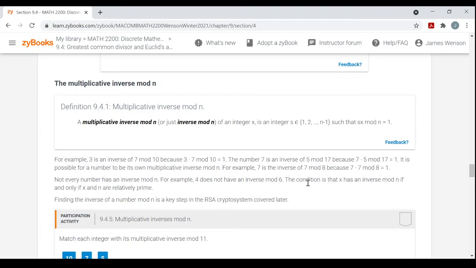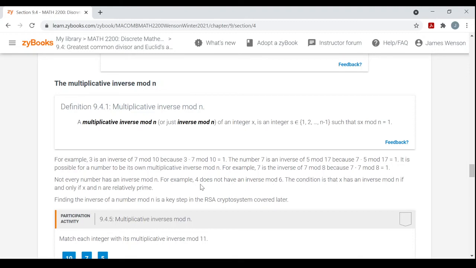Okay. It is possible for a number to be its own multiplicative inverse. Right? For example, 7 is the inverse of 7 mod 8, right? Because when you do 7 times 7, it's 49, but then mod 8, that would be 1. And be careful, not every number has an inverse mod n. For example, 4 does not have an inverse mod 6.